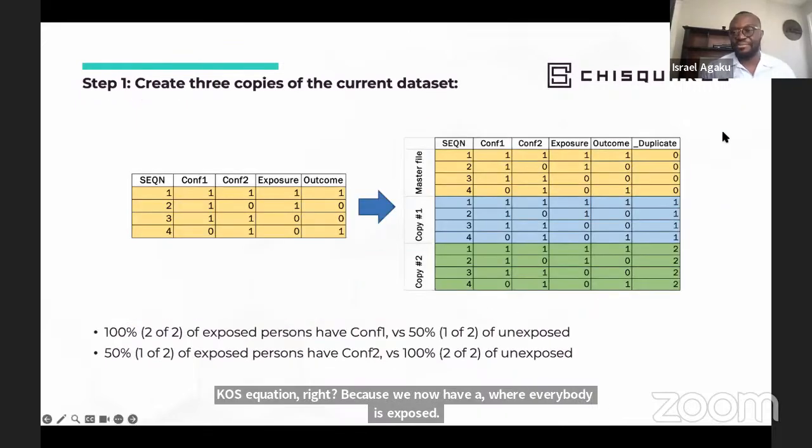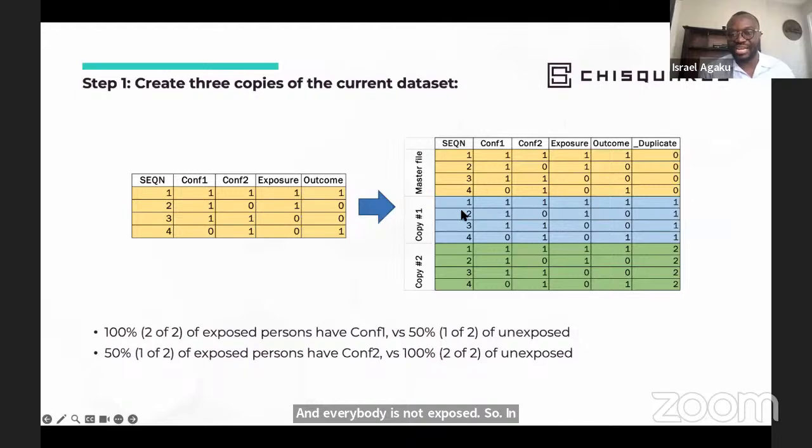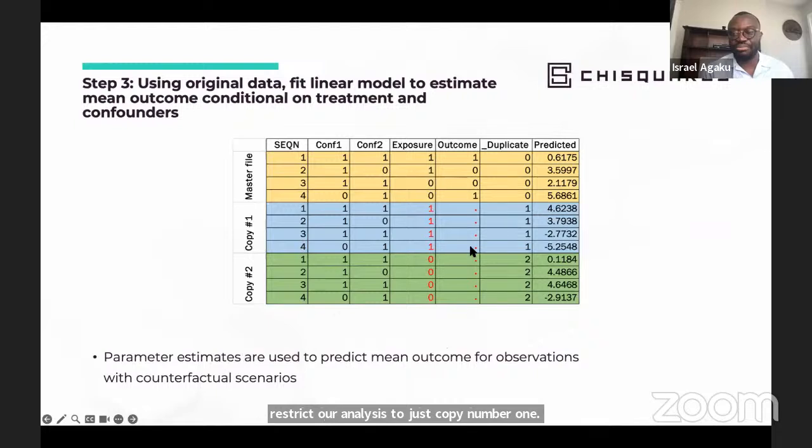So we restrict our analysis to just copy number 1 and copy number 2 with the predictions. It's the average value where everybody is exposed minus the average value where everybody is not exposed, and that gives us the average causal effect. That is what causal models are in a nutshell.